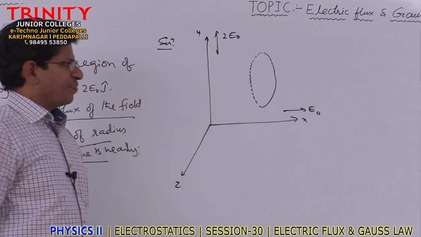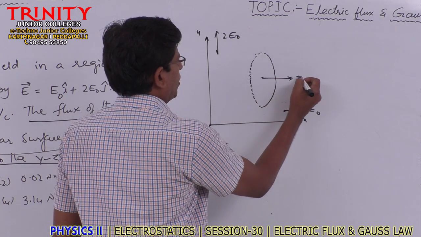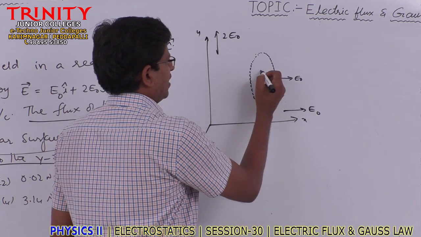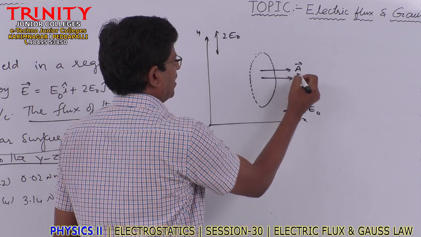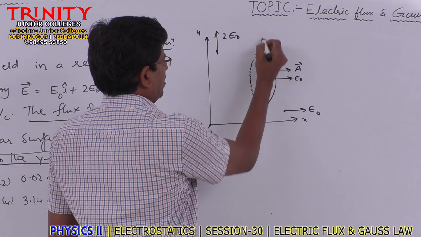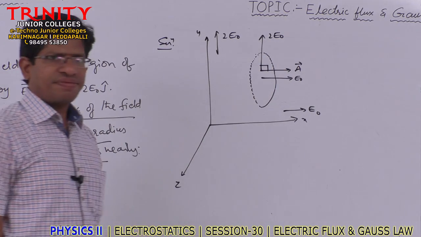So clearly, E naught is passing through this one, and the area vector, if you imagine, is also like this. This is the area vector. And what is 2 E naught here? 2 E naught is perpendicular to the area.